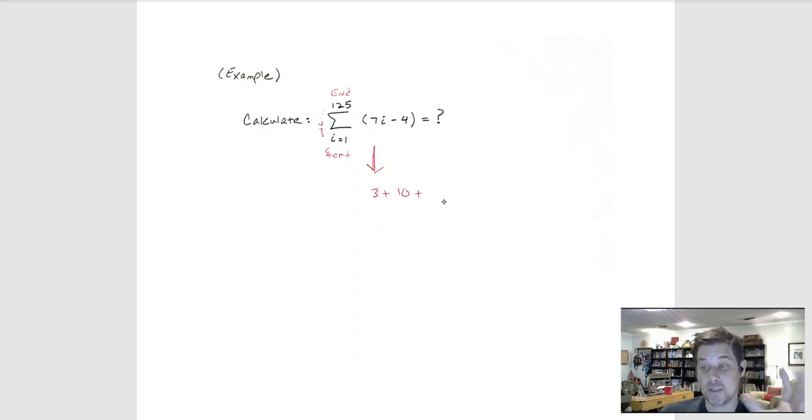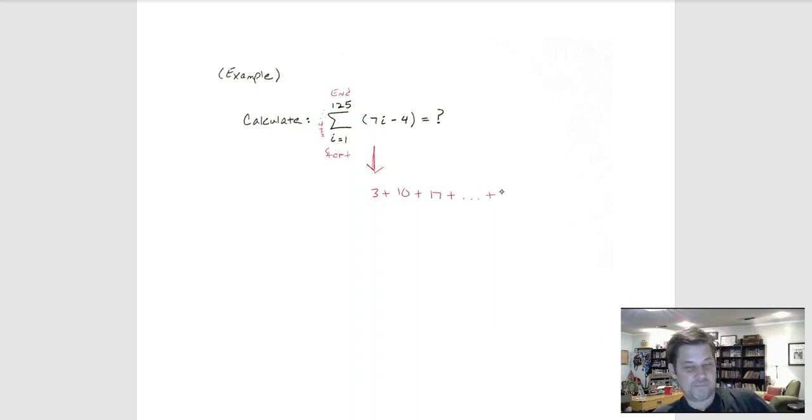And then I'll keep going just to show you what this thing looks like. Then I go to 3. So 7 times 3 is 21 minus 4, so that's equal to 17. Okay? All right, and then it keeps going. And I'm not going to write out all the numbers because there's a lot of numbers. I have to count my way up to 125. But let's do this.